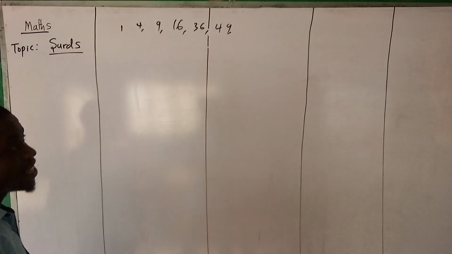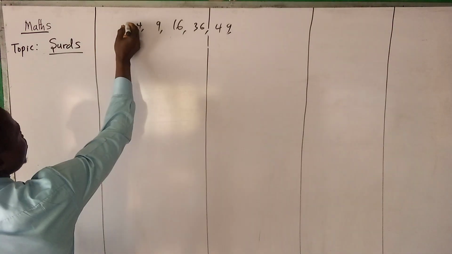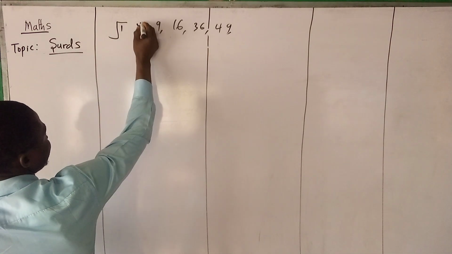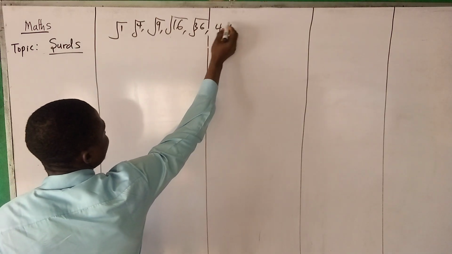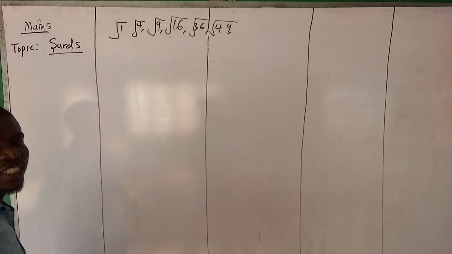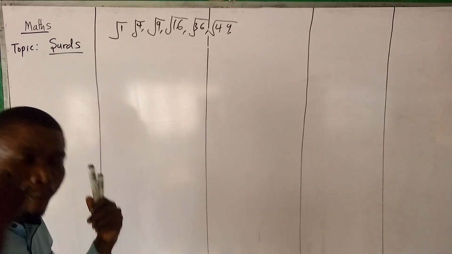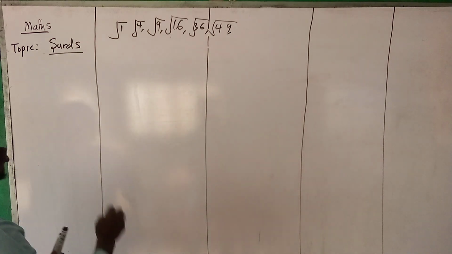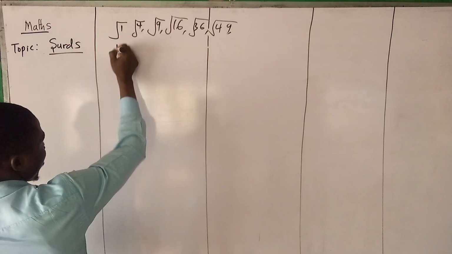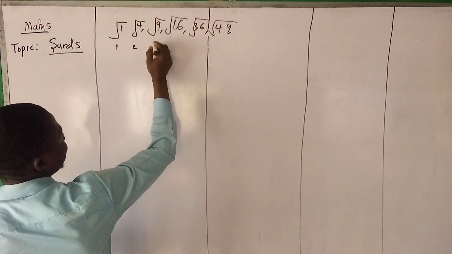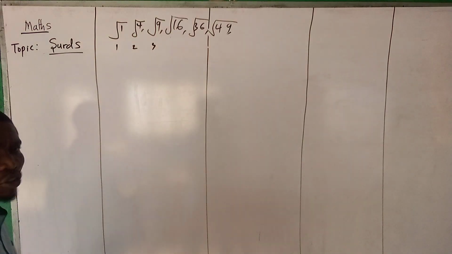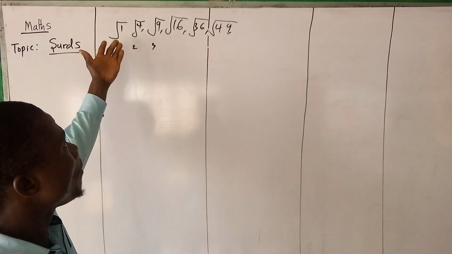So the square root of each of these numbers, if you press it using your calculator, you keep getting a positive whole number. So the square root of 1 is 1, the square root of 4 is 2, the square root of 9 is 3. So these are called what?